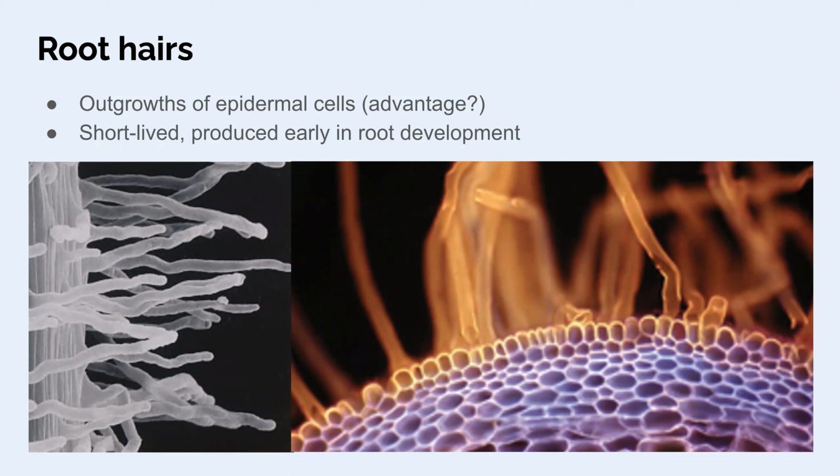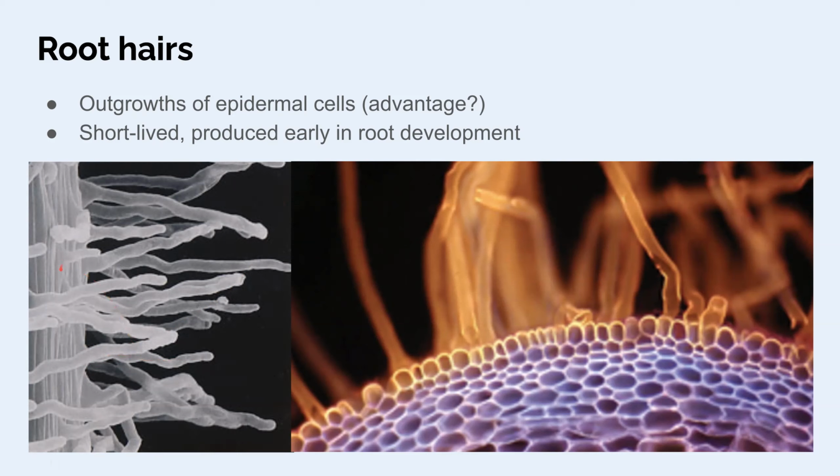And just like we saw in the shoot epidermis, the hairs on the root are also produced as outgrowths of epidermal cells. So it's a little bit hard to see exactly where some of these are coming from. This one in the background, you can kind of see where the epidermal cell is raised up and then maybe grows out into this hair.